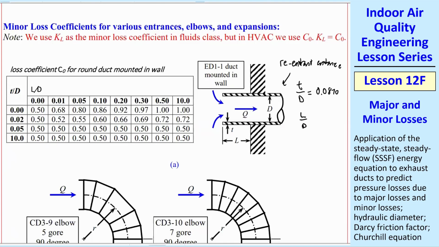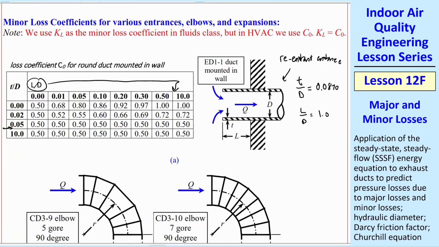And L over D, it said it extended one diameter, so that's 1.0. So we look at an L over D of 1.0, which would be here, and we look at a t over D of 0.087, which would be somewhere in here. So we go across, we have to interpolate normally, but in this case, everything around there is 0.5. So fortunately, we could just say that C_0 for that reentrant is 0.50. If you ended up somewhere in here, you'd have to do some interpolating.